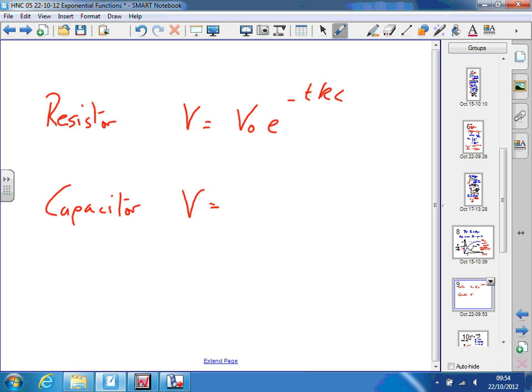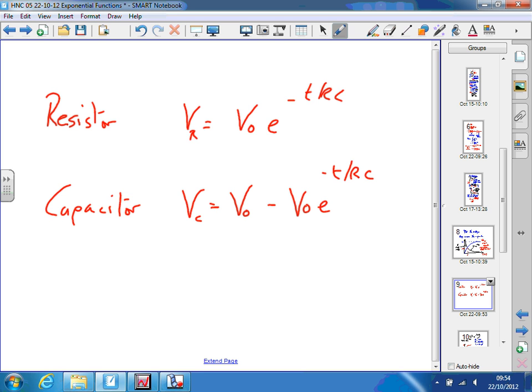Yeah, the voltage across the capacitor. So let's call VR the voltage across the resistor, VC the voltage across the capacitor. What will it be? But what V? What value of V? V0, the original voltage minus the voltage across the resistor, which is V0 e to the minus t over RC.